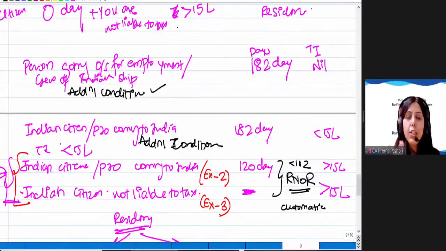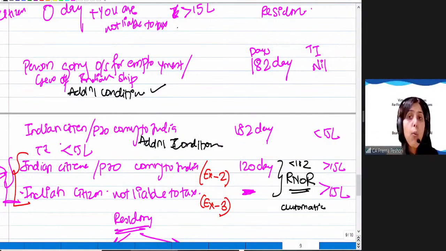I will have the 182-day condition. In category 2, say for example, I left India permanently on employment in 2010, in London. I have never come back to India. I just visit India intermittently. So I will fall under category 2.